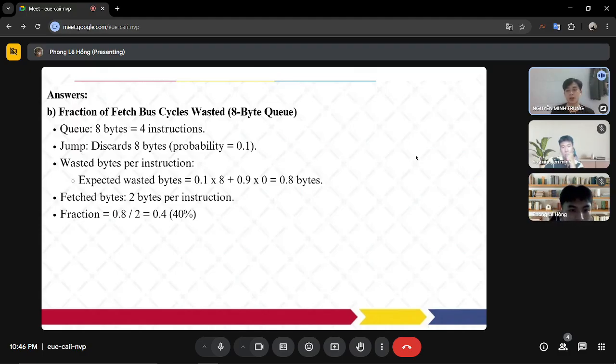Expected wasted bytes is 4 times 0.1 plus 0.9 times 0, and we have the result of 0.8 bytes, which divided by 2 bytes per instruction gives a fraction of 0.4.